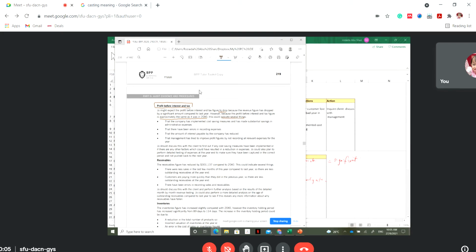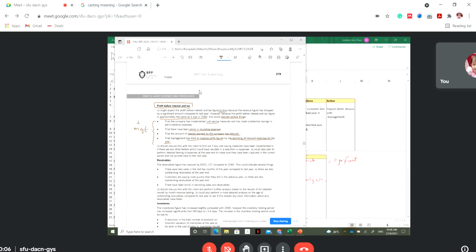So be skeptical. So what is the indication? The company has implemented cost saving, maybe. That there have been errors in recording expenses. The amount of interest payable has reduced. That management has tried to improve the profit figure by not recording all relevant expenses for the year. So these are all the possible things that you have to think about when you discuss with the management.